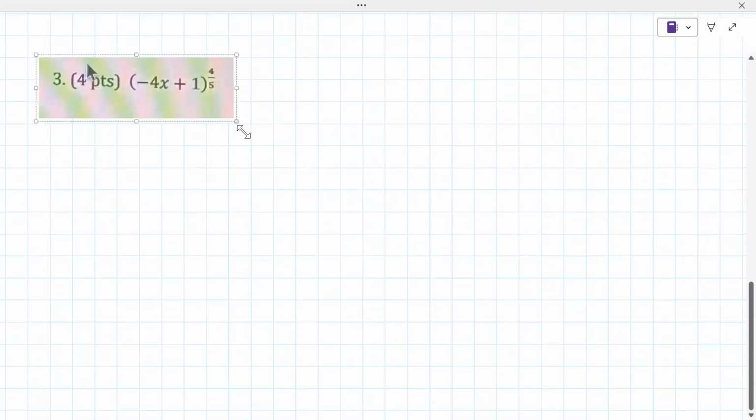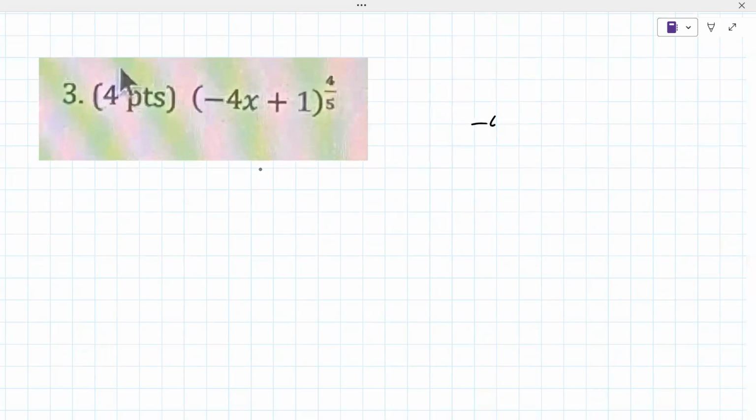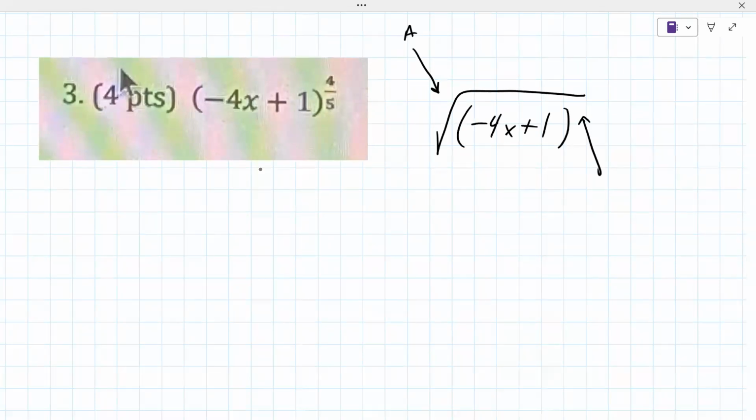Next question is basically exactly the same. It's negative 4x plus 1. There's a root here. You got to figure out what goes in A and what goes in B position. All right.